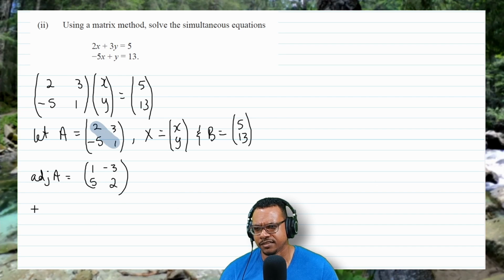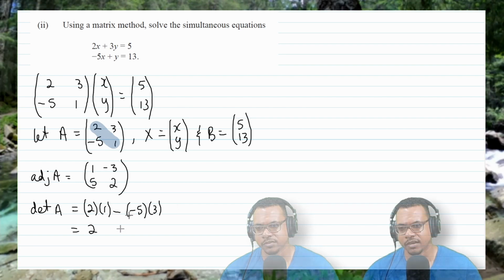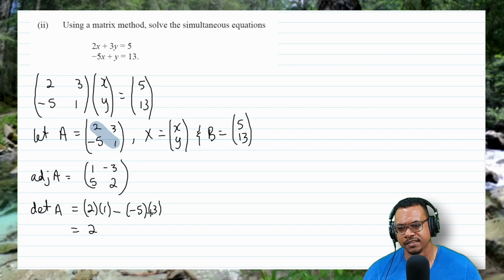Then I'll find the determinant of A. That's the product of the leading diagonal, which is 2 by 1, subtract the product of the non-leading diagonal, negative 5 by 3. So 2 by 1 is 2, negative 5 by 3 is negative 15. So we take away negative 15; two negative signs give a plus sign. So we have 2 plus 15, which is equal to 17.